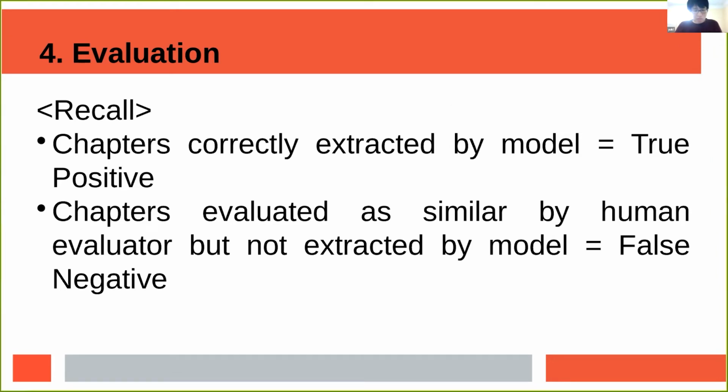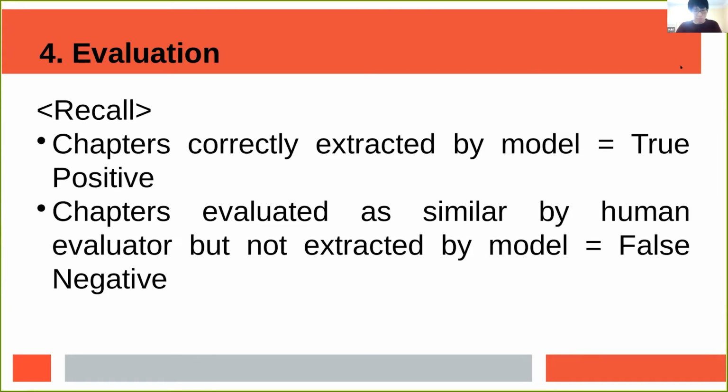In the following 2 slides, I'm going to show you how I counted similar chapters. In the result, there are 2 kinds of chapters. There are chapters that are correctly extracted by the model.